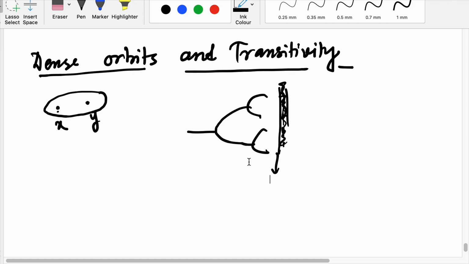So that means dense orbit means chaos. So the orbit seems chaotic. Let me give an example, then it will be much clearer.